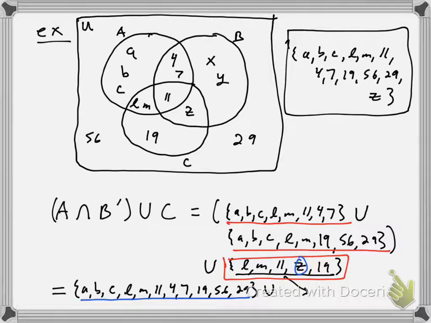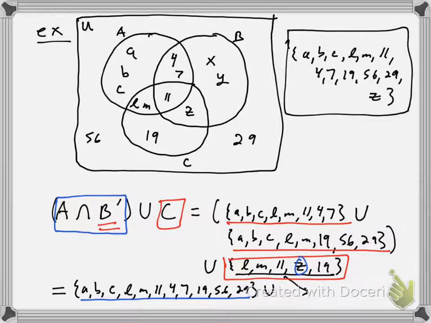So notice what I did, guys: I first found B complement, and I wrote that. Then my next step was that I unioned A with the B complement. Then once I'm done with that, because that's in parentheses, I unioned it with the C. So that is a good example problem on how to work with that.